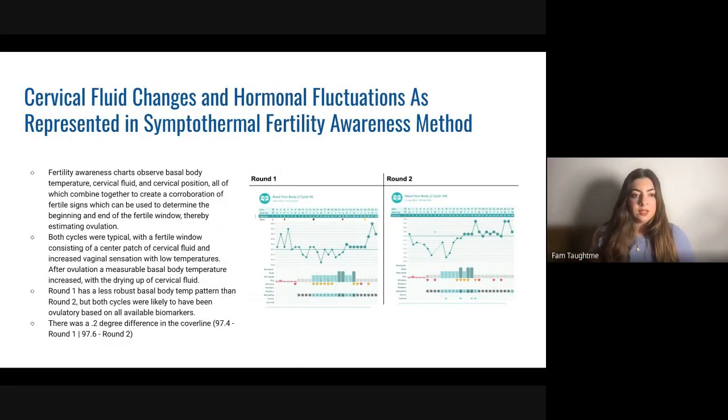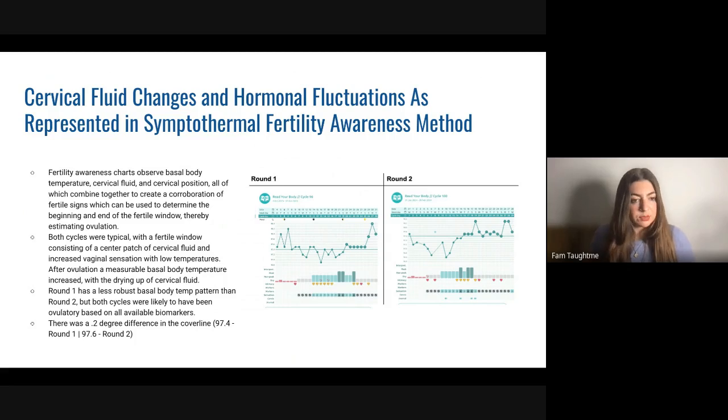Then I looked at cervical fluid changes and hormonal fluctuations as represented in my fertility awareness chart. So many of you know the charts observe 3 fertility signs which combine together to corroborate the fertile window. And both cycles were typical, with a fertile window consisting of a center patch of cervical fluid and increased vaginal sensation with low temperatures. And after ovulation, there was a measurable basal body temperature increase with the drying up of the cervical fluid.